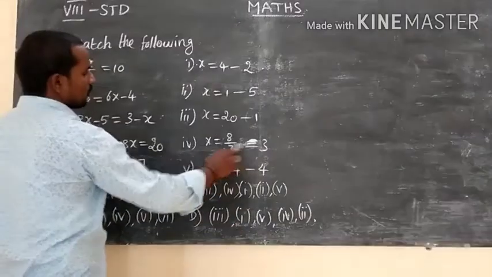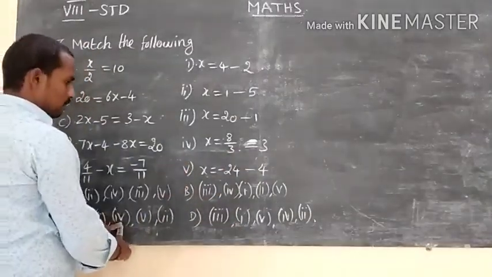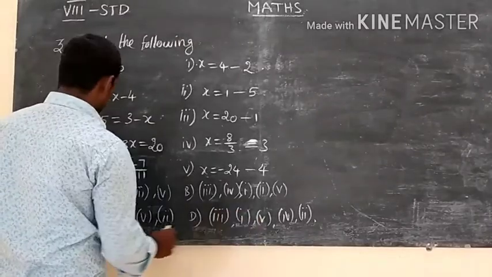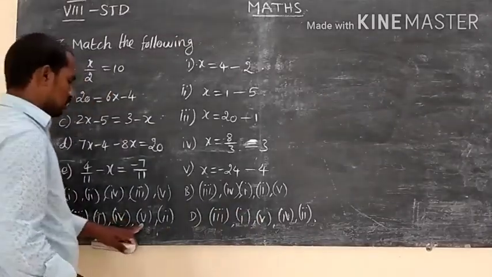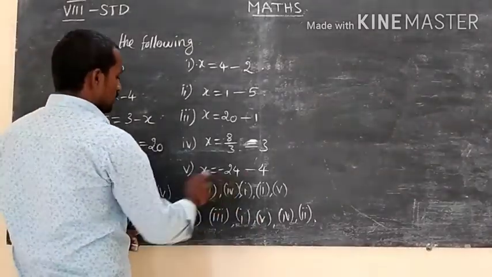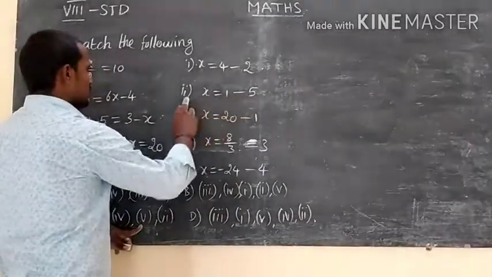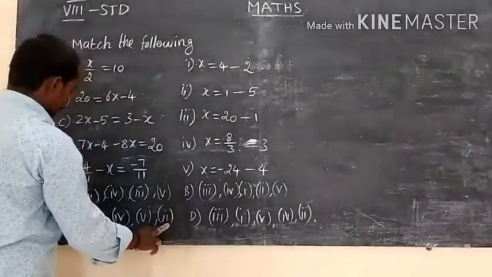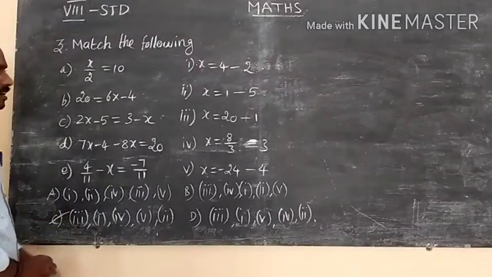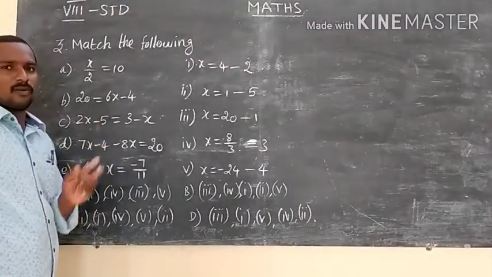Then the third one is the fourth. The fourth one is fifth, and fifth is the second option. So option C is the correct answer. Understood the match the following.